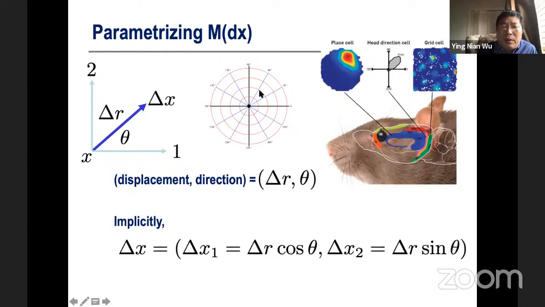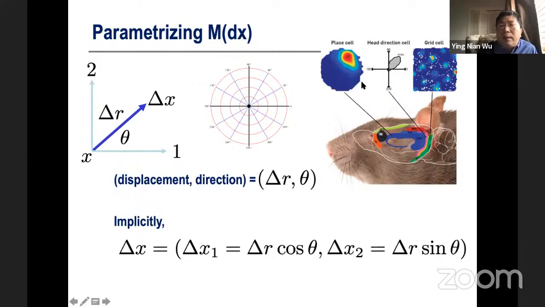Actually, we encode this delta X displacement by delta R, the displacement along direction theta, like a polar system. Implicitly, of course, you can get delta X, but we don't actually use this implicit representation. We just encode the displacement by the direction of the movement, and also how much you move.